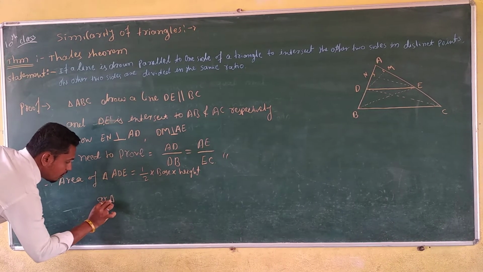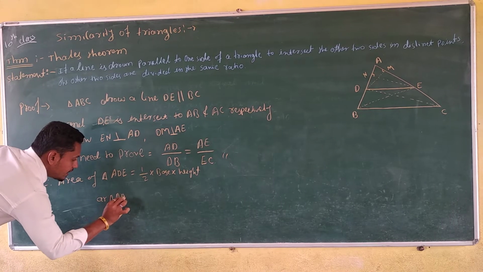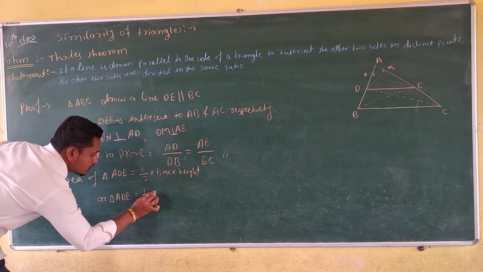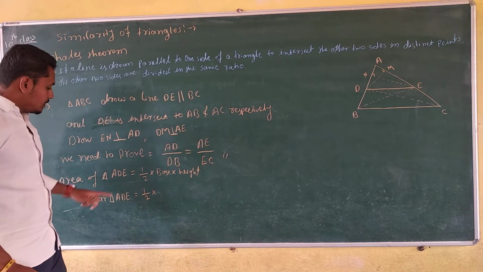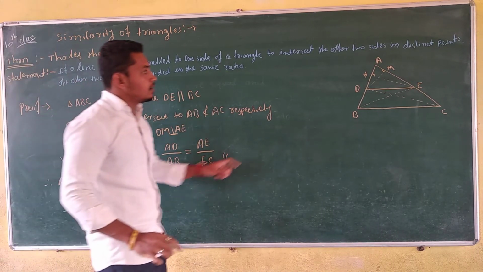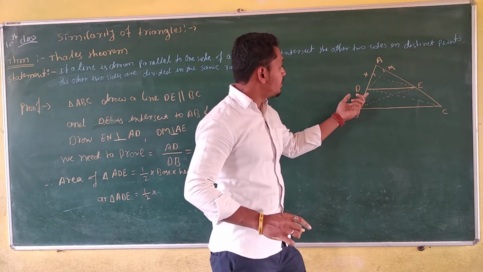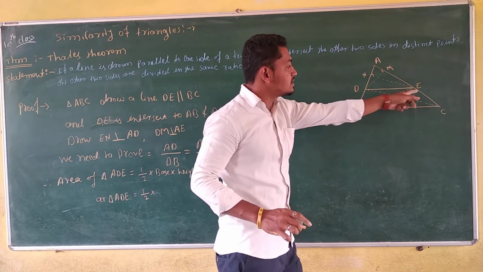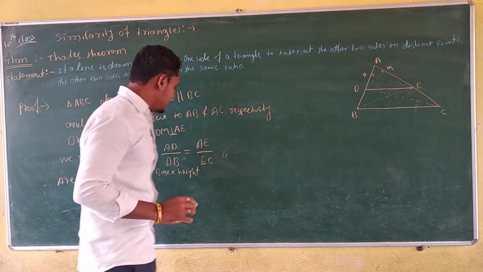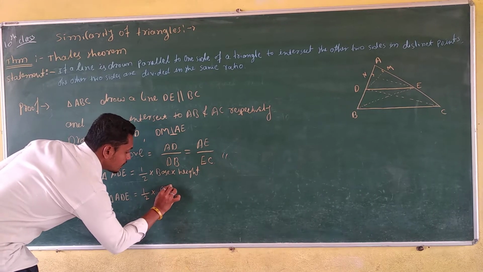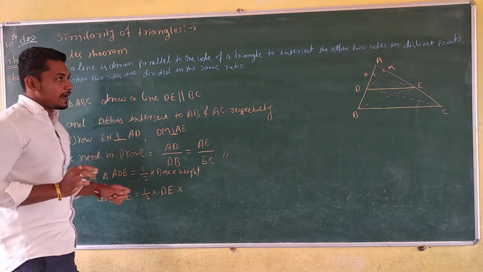AR, the area of triangle ADE is equal to 1 divided by 2 into, now see here, triangle ADE. Which is the base here? DE is the base. Is it right? So take DE, 1 divided by 2 into DE into, now height.